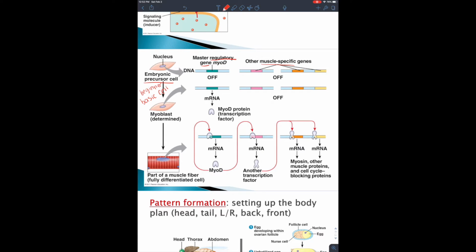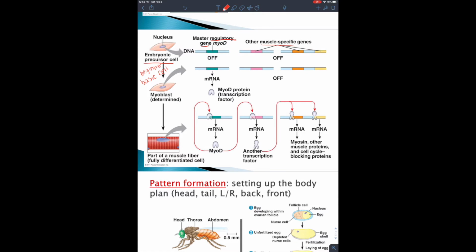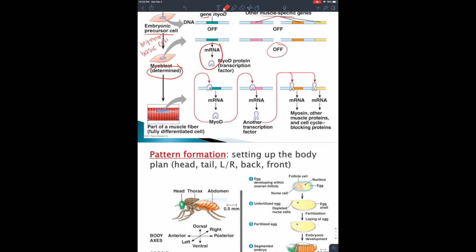So right now this is a cell with no job, no function, no name, just a precursor. It's a building block. Well, some sort of event will occur and now it has been determined to become a myoblast, which is related to the muscular system. So now this regulatory gene has turned on. However, our muscle-specific genes are still off. mRNA is going to start to be transcribed, and now we have turned into a fully decided muscle cell.